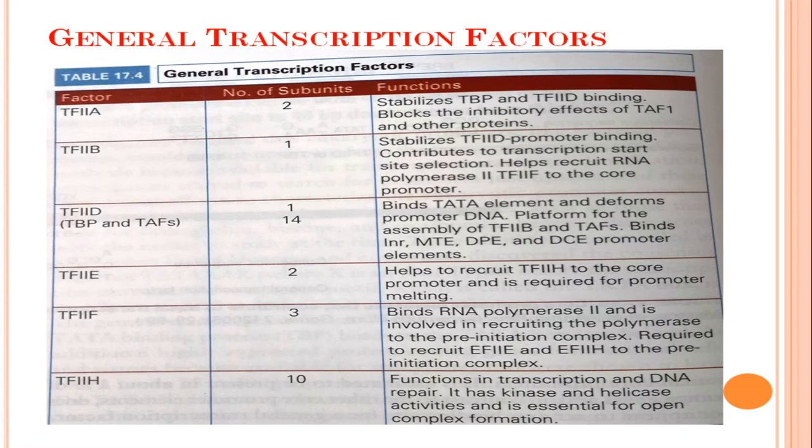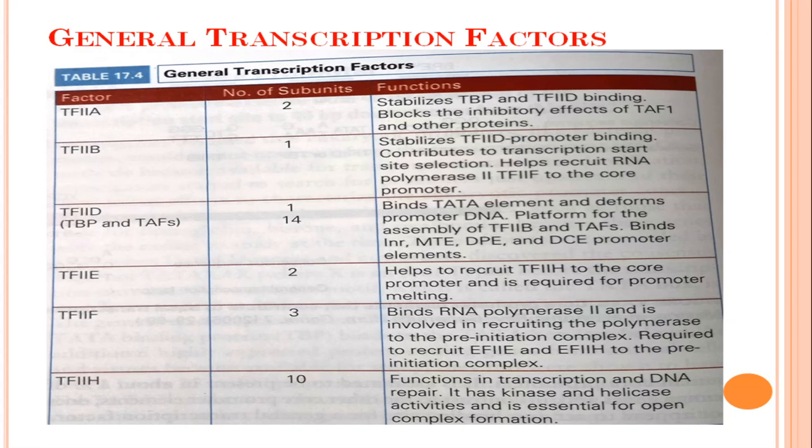The second is TF2B. This has a function to stabilize TF2D promoter binding. It contributes to the transcriptional start site selection, and it helps RNA polymerase 2 along with TF2F to bind at the core promoter.